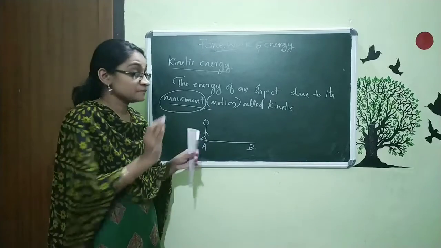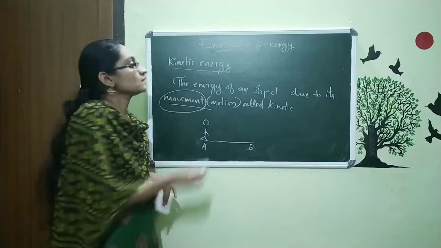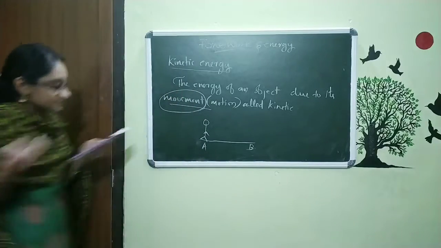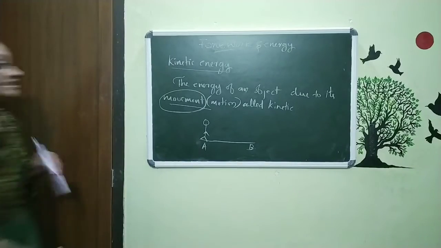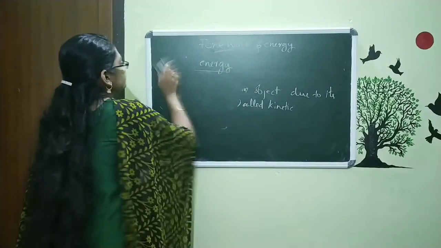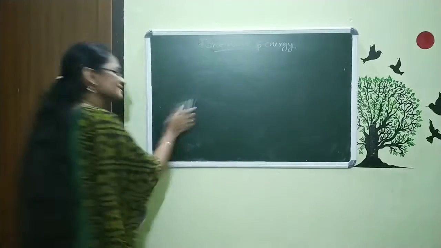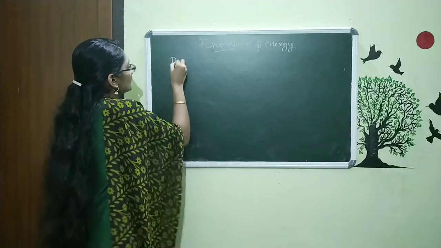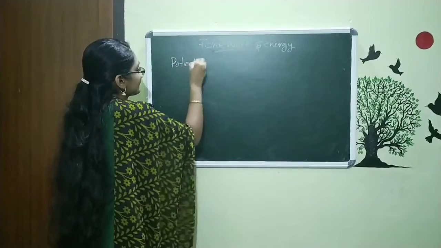It differs from one case to another. So that is about kinetic energy and the examples. The next one is potential energy. For all this, you only need to study the definition. That's all.